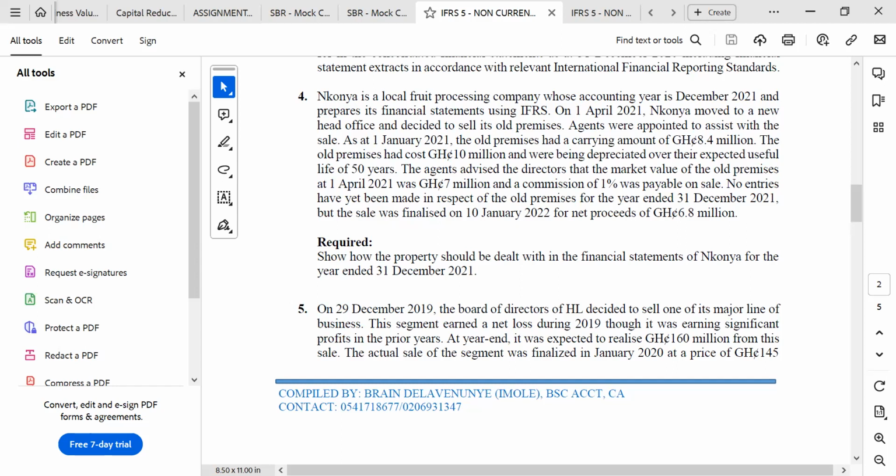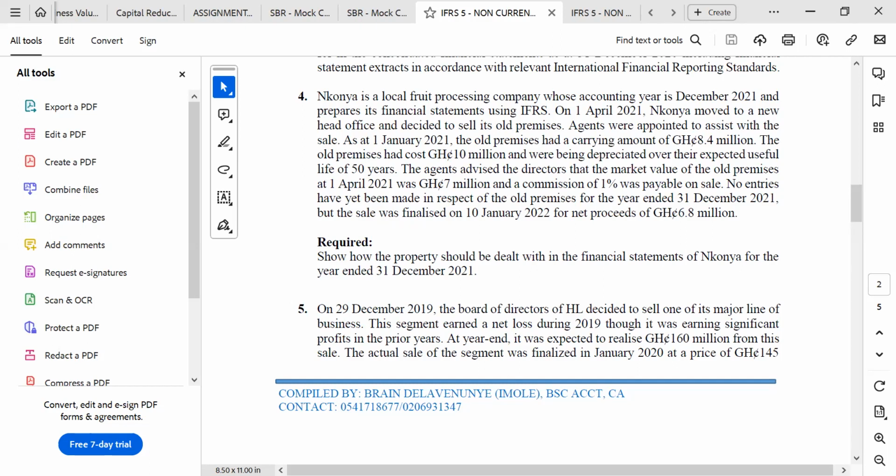When was the decision made to classify the asset as held for sale? 1st April 2021. Okay. So what we have to do is that we have to find the carrying value as at that date and also the net realizable value to compare whether there is an impairment or not, isn't it? Yes. Okay. So let's determine the carrying value.